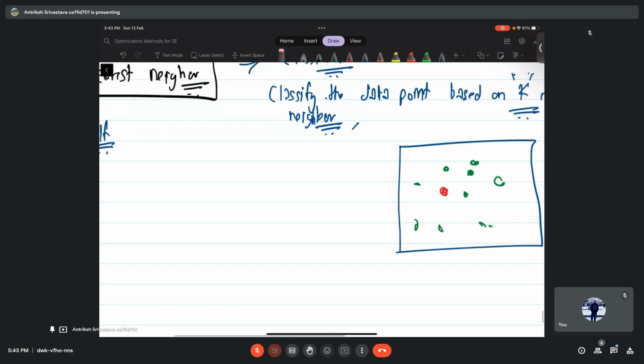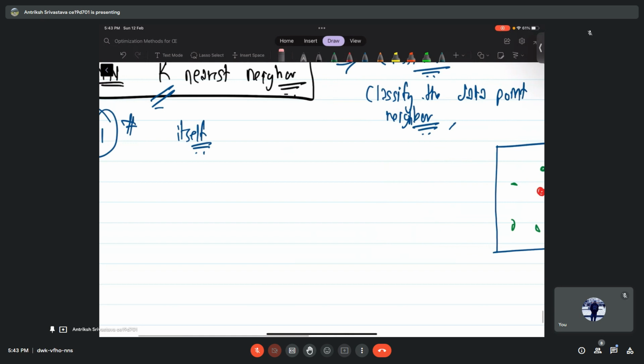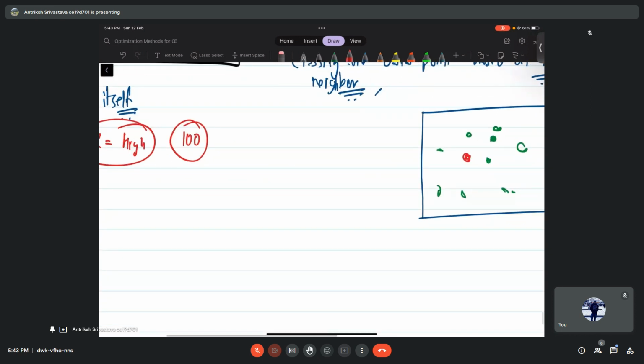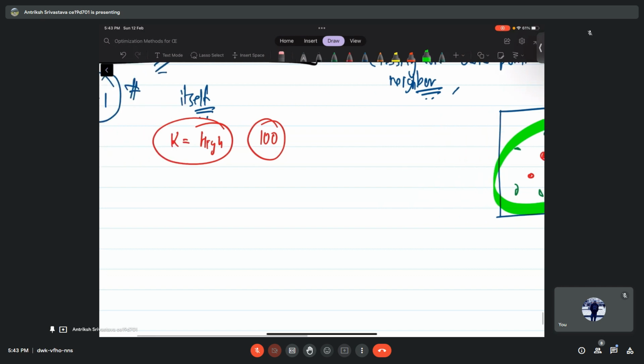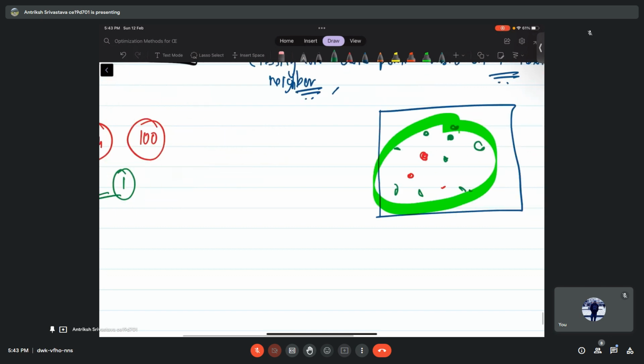Now, when we give the k value as very high, let's say 100, then it is going to generalize that area. It is going to check all the 100 neighbors, and then classify that area into red or green. So in this particular case, it is going to classify this area as green. But when we give the k value as low, let's say 1, then how will the classification look?